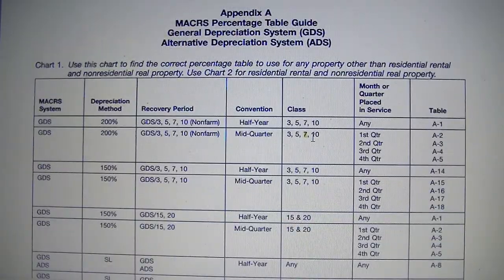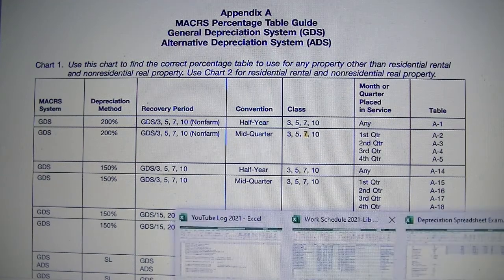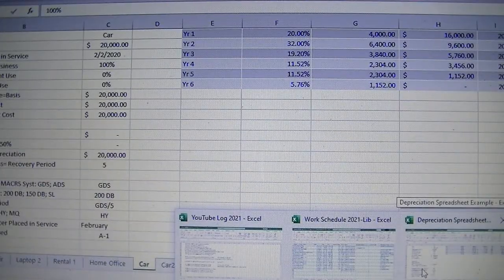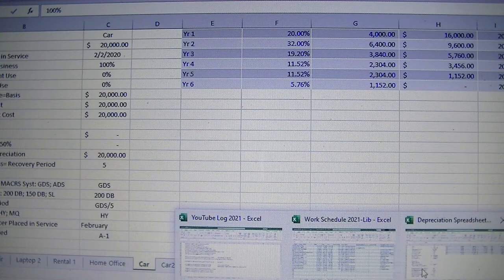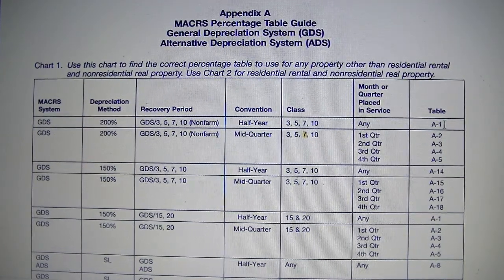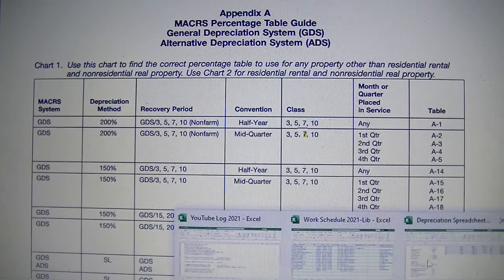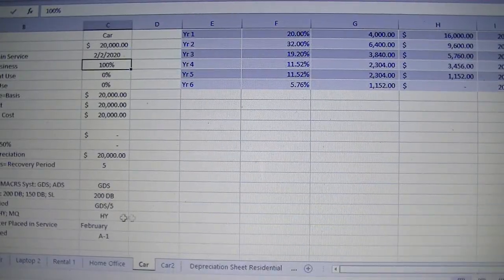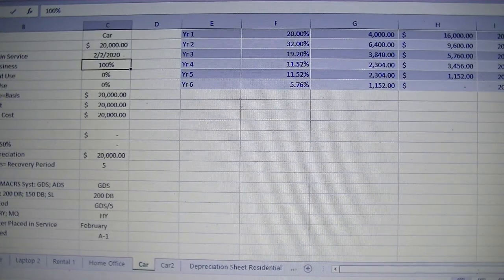Convention is half year, so we'll stay in the first row here, half year, and we can enter half year on our spreadsheet. And the month placed in service was February. Now we will look for a 5-year property class. For the month or quarter placed in service, any will work. The table name is A1. So we will write A1 on our depreciation spreadsheet.